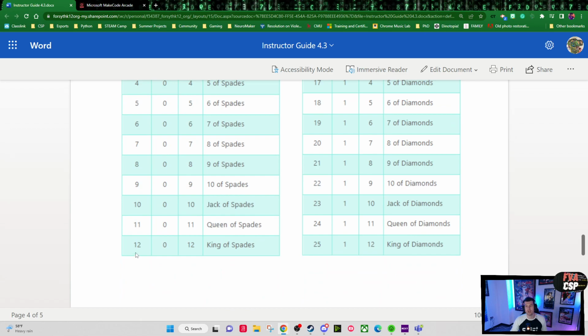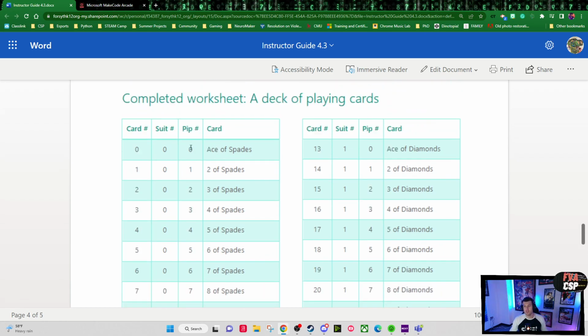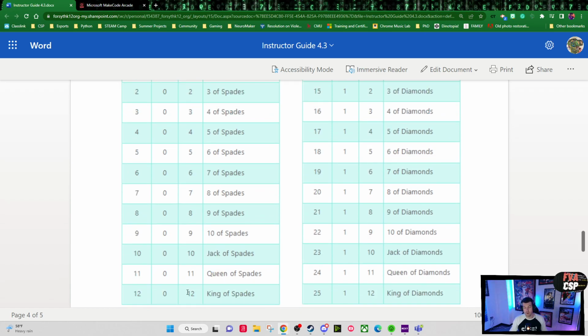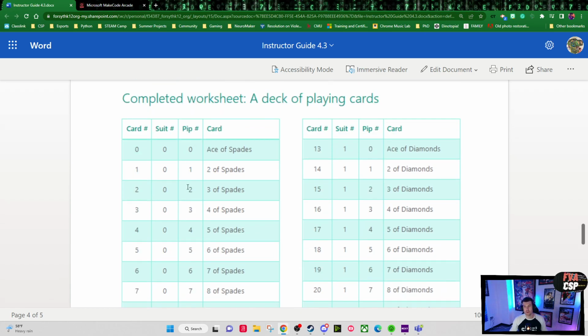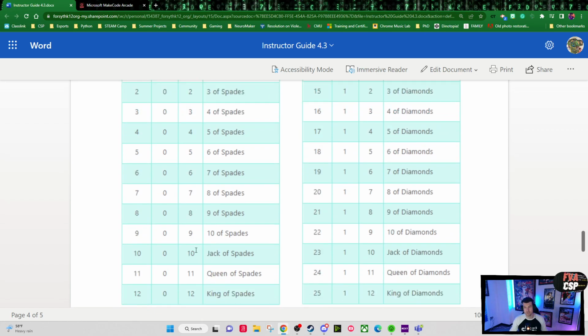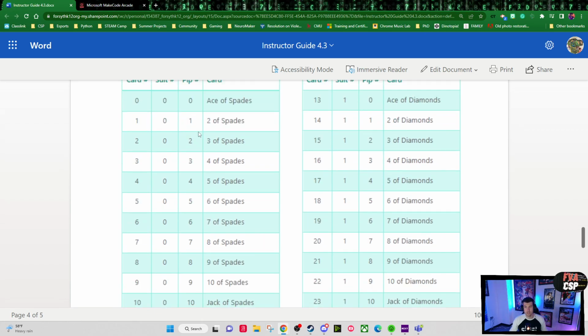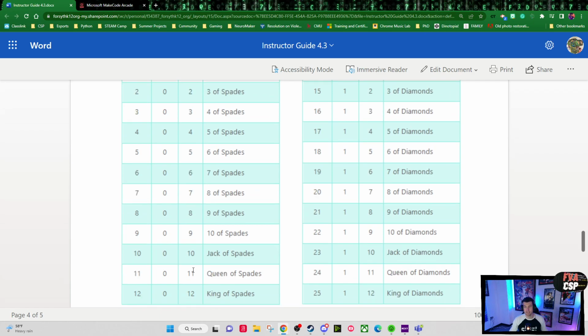Okay, so then you go through here, 12 divided by 13 in terms of computer calculations is going to give you 0, but it's going to be a remainder of 12. So 0 through 12 gives you your 13 pip numbers. Okay, so 1, 2, 3, 4, 5, 6, 7, 8, 9, 10, 11, 12, 13.